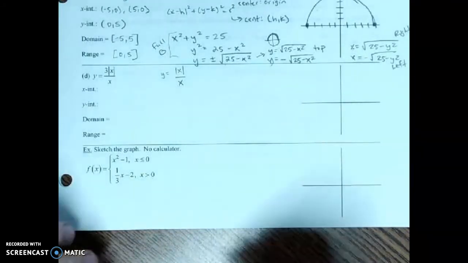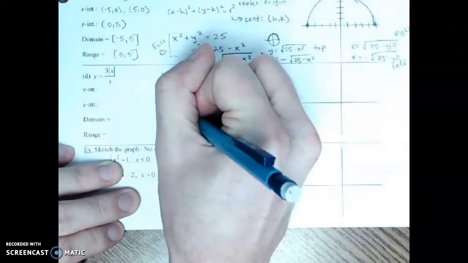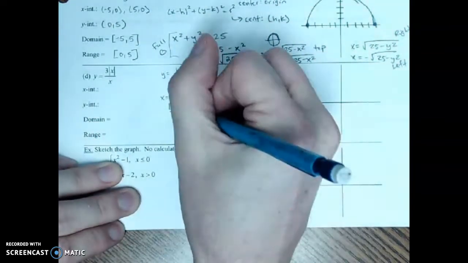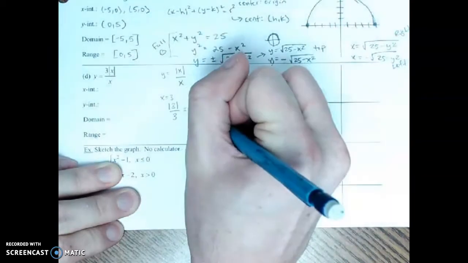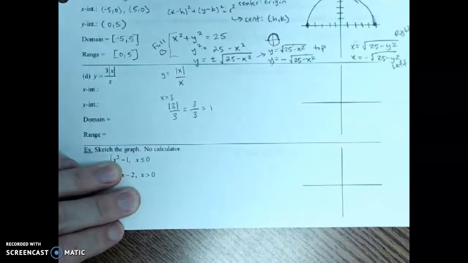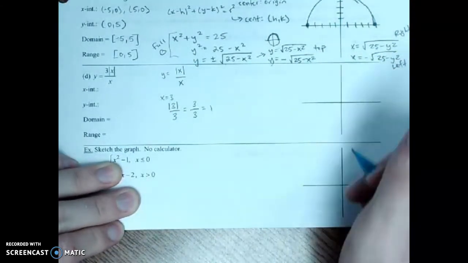So let's try x equals 3. If I plug in 3, I'd have the absolute value of 3 over 3. The absolute value of 3 is 3. The denominator is still 3, which reduces to 1. So if I come over here to 3, the point would be up at 1.